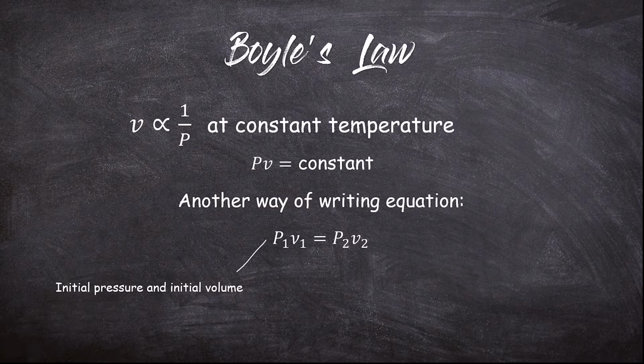So this is the initial pressure and initial volume, and the other is the final pressure and final volume, at constant temperature. You must remember that P1 is the initial pressure and P2 is the final pressure. So when the statement says constant temperature, you must think about this relation.